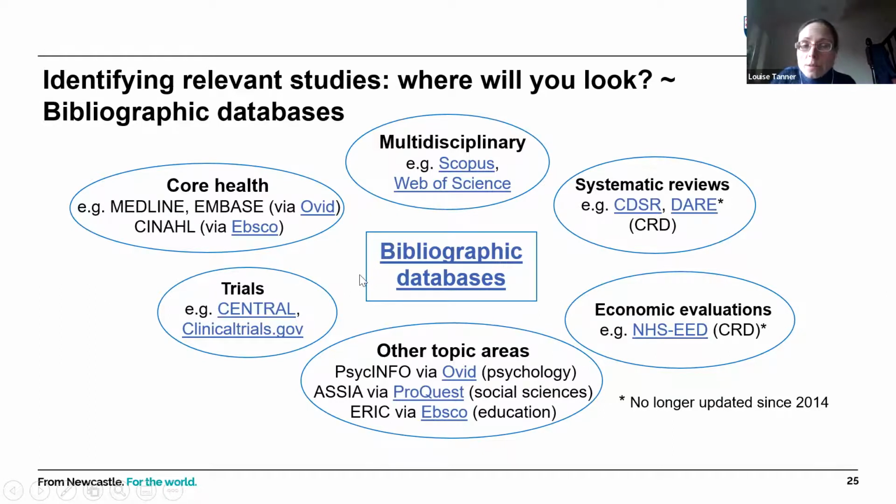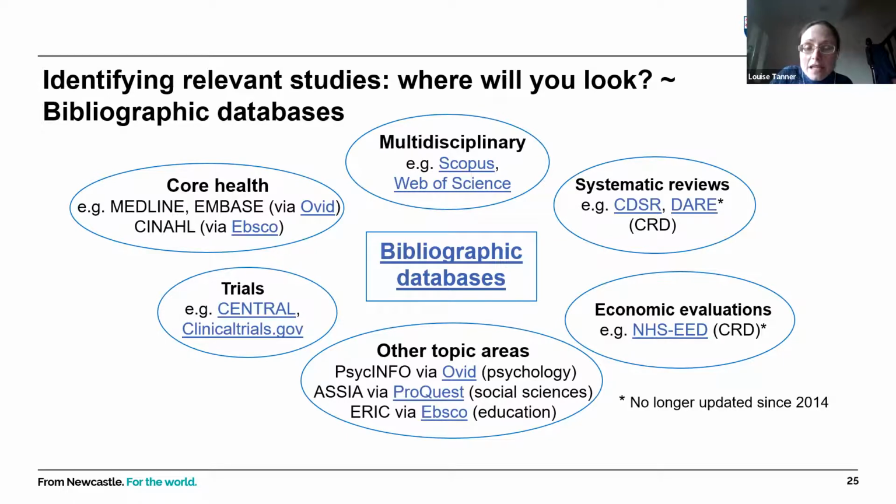But there are lots of other places that you can search, and it is possible that your review might have other topics that are relevant, not specifically biomedical focus. For example, if you were undertaking a review to assess the effectiveness of a particular type of intervention on mental health outcomes, you might consider searching PsycInfo, because that lists references to psychology studies.